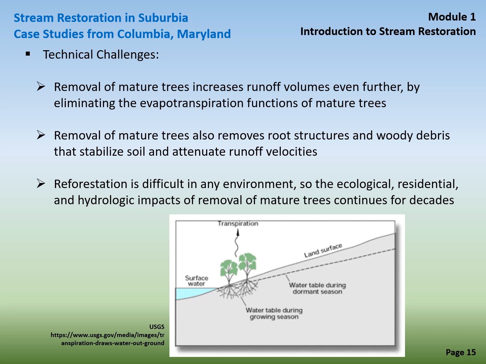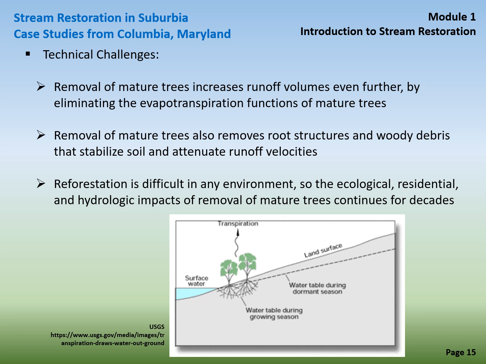So another technical challenge is that these projects, again, involve removing acres and acres of mature trees within the floodplains. And so you've already got a problem with elevated runoff.